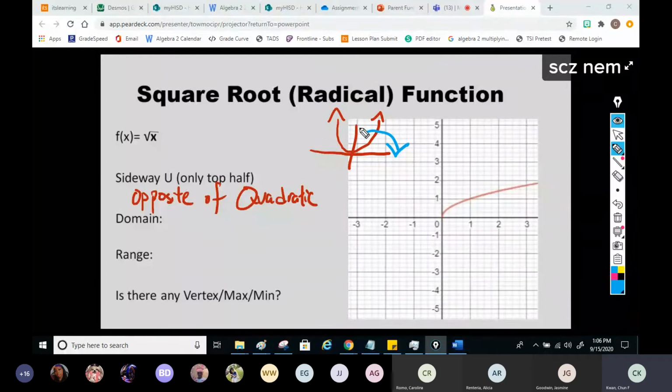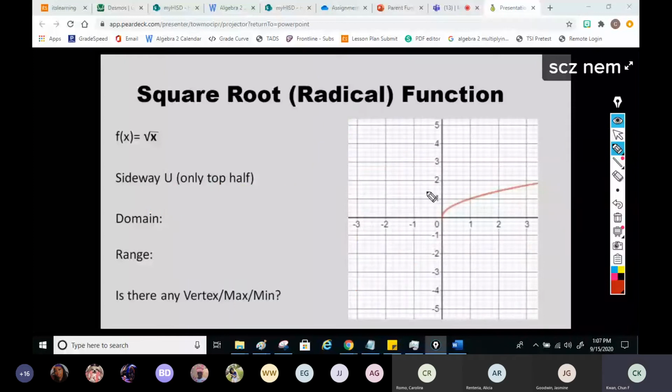We're going to knock it to the side, and then you will end up having something that looks like this. You knock the U over to the side, and you will see a sideways U, but we only want the top half. We don't want the bottom half. So get rid of the bottom half, and that would be your square root function. The square root function is the quadratic function, but you knock it over, and you have the sideways letter U, but only with the top half.